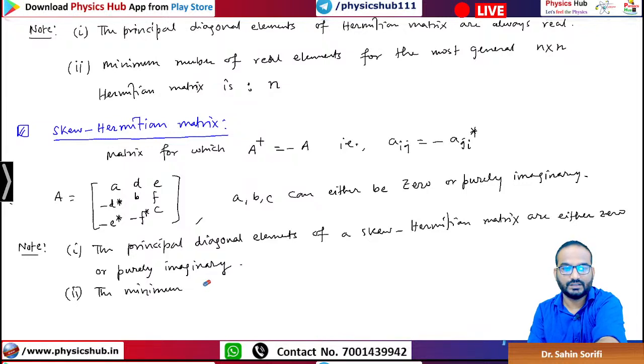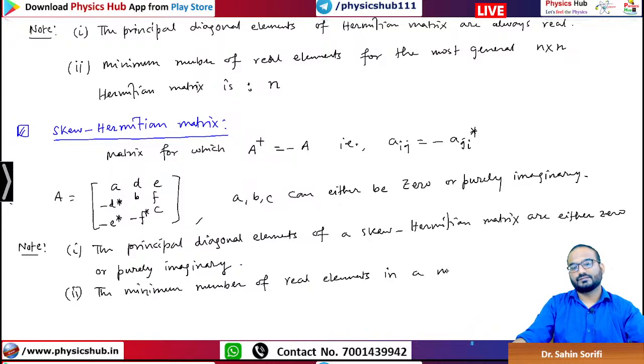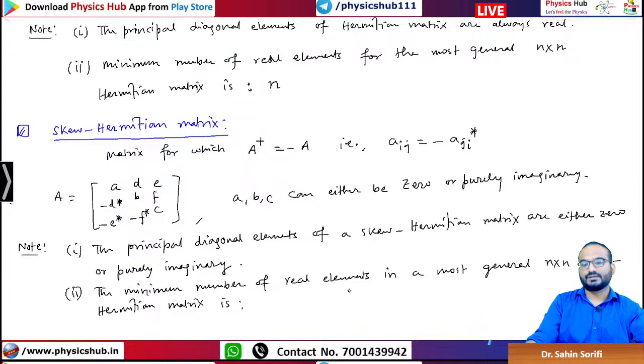Just think a little bit and tell me what should be the minimum number of real elements in the most general n by n square skew Hermitian matrix H. Just think about the first point and tell me.